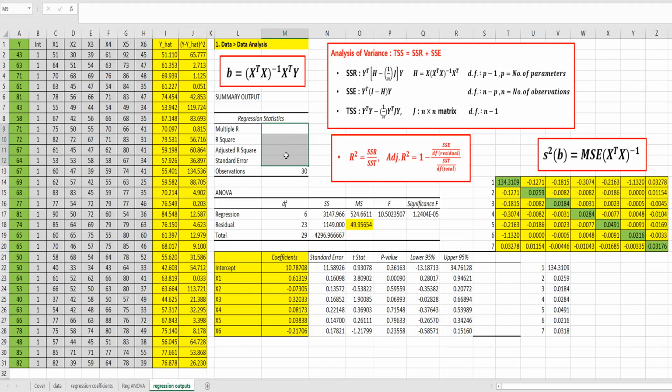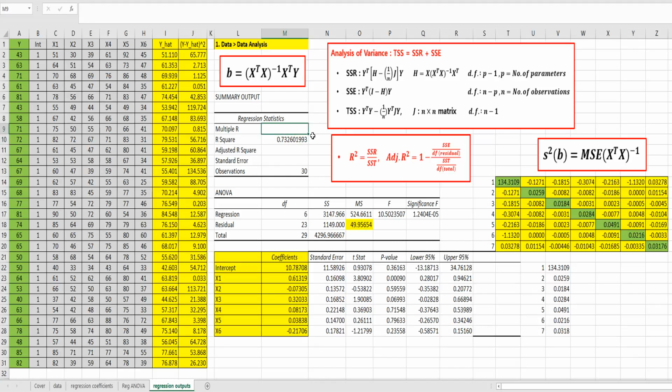Okay, the final one is to get regression statistics. So R square, as you can see, can be calculated by regression sum of square, this one, over total sum of square. Right, 0.73.